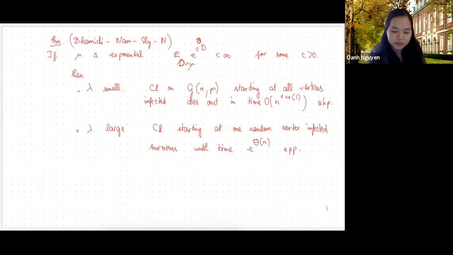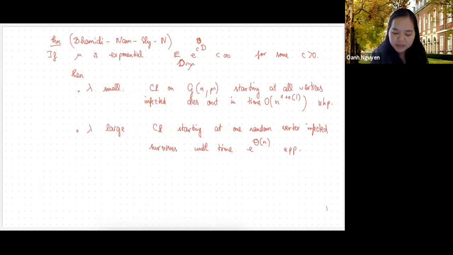And to prove this kind of result, we also rely on the previous result that I mentioned for the Galton-Watson tree.